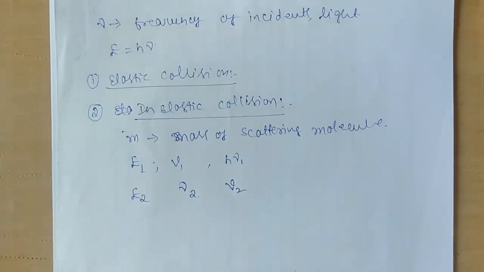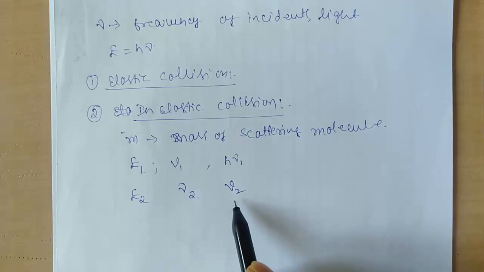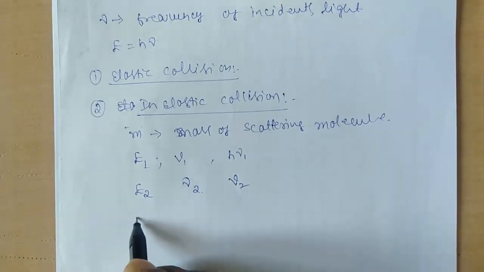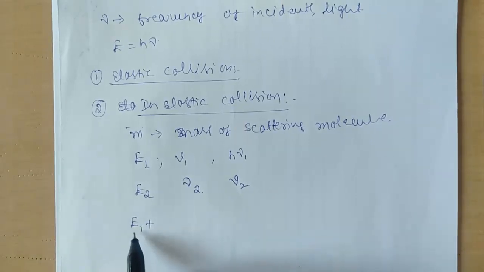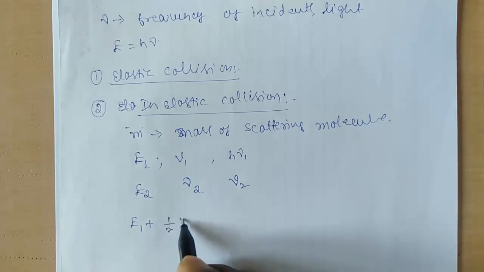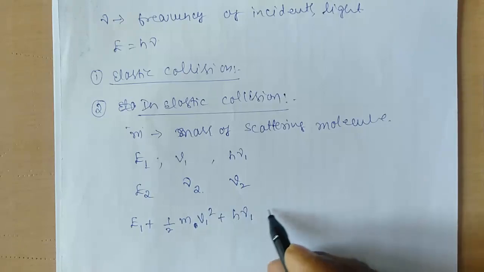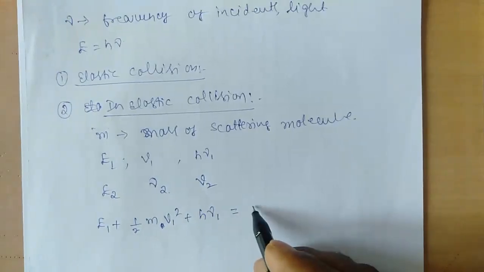According to the law of conservation of energy, we have E1, the energy of the scattering molecule before absorbing the photon, which is the sum of vibrational, rotational and electronic energy levels, plus half m v1 square, the kinetic energy of the molecule, plus h nu1, where nu1 is the frequency of the incident light.